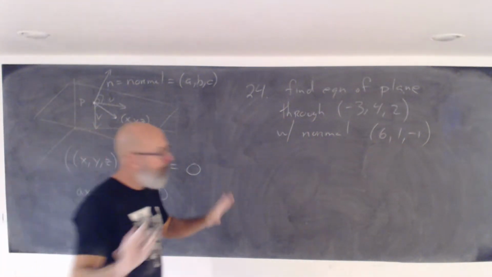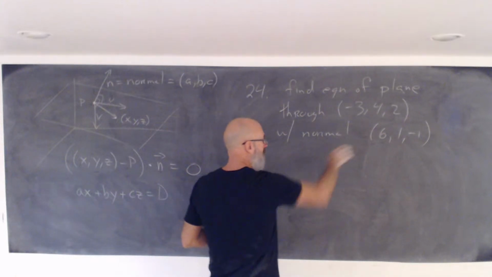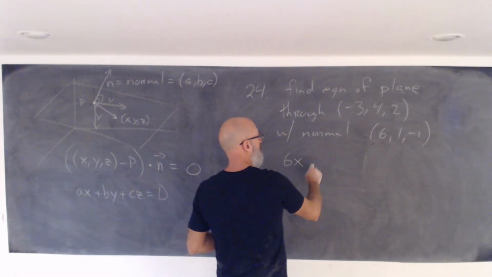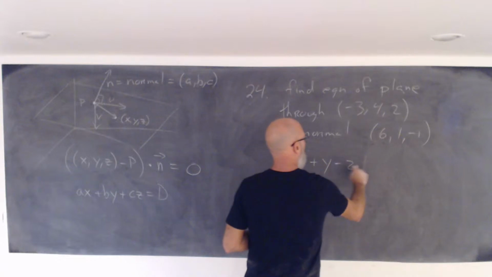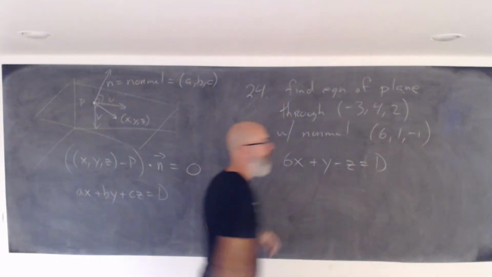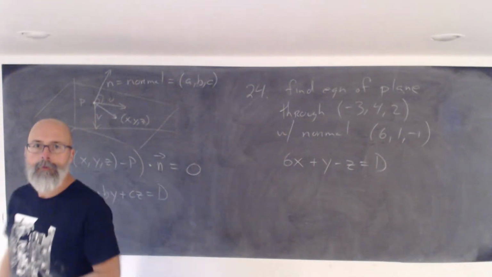So immediately, the plane must have equation 6x + y - z equal to something.